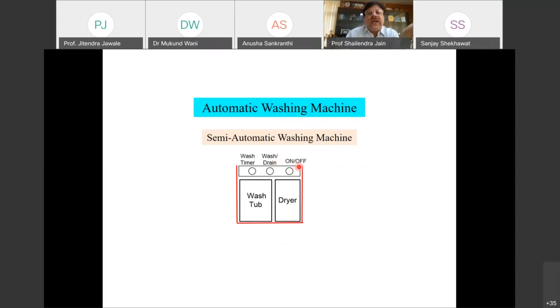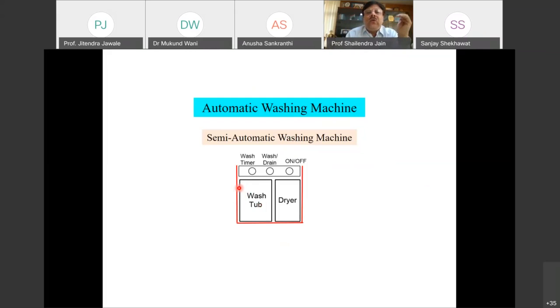Now what actually happens in a semi-automatic washing machine, the machine performs the soaking operation and washing operation. So you have to pour the water for the wash operation as well as add the detergent. How much water to be added? We take a decision based on our intelligence, and you must have seen there are some indicators given: 2/3, 1/4, or full.